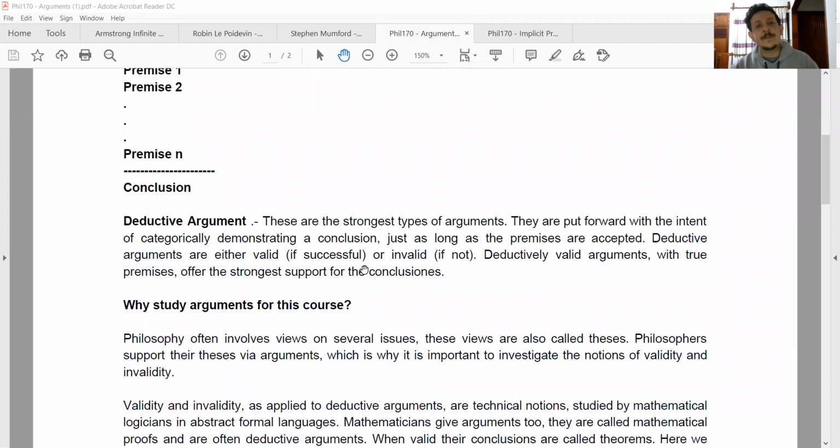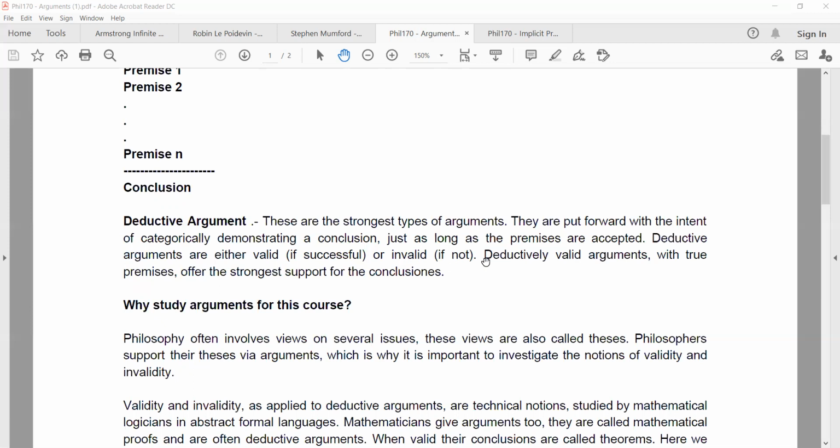Right, but then the most important types of arguments are deductive arguments. These are basically the arguments where the premises give the strongest support for the conclusion. In those arguments, basically the idea is there's an intent by the author of categorically demonstrating a conclusion.